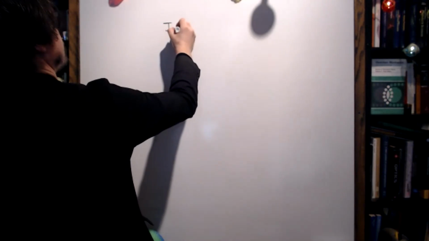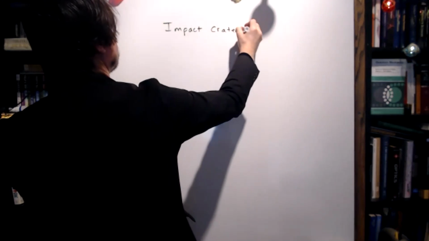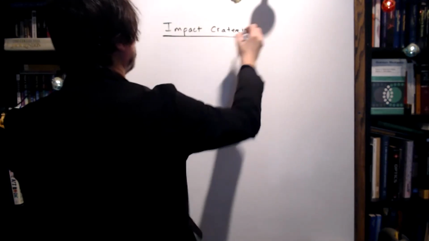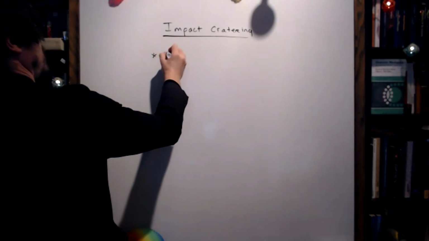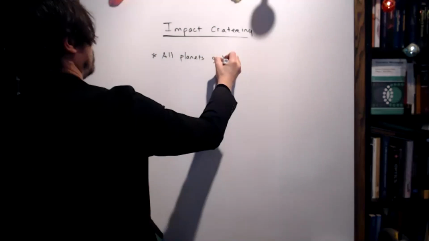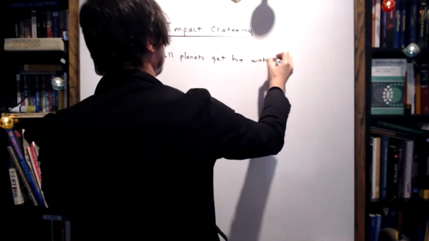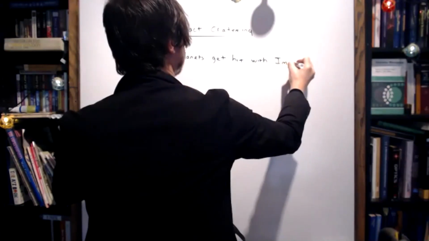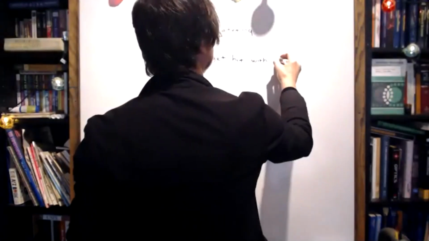Okay. Let's talk about some rules for impact craters. The first piece of business goes like this. All planets get hit with, I can call them impactors, but I'm going to call them meteoroids instead.